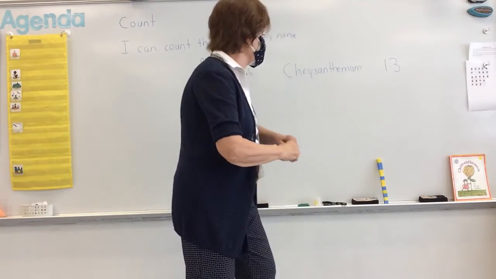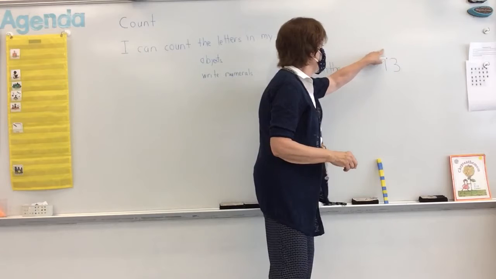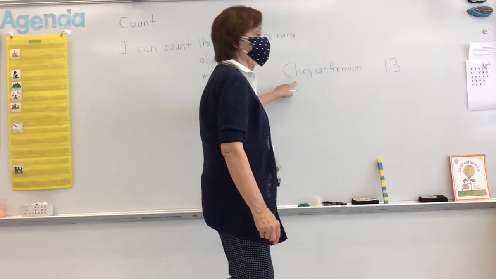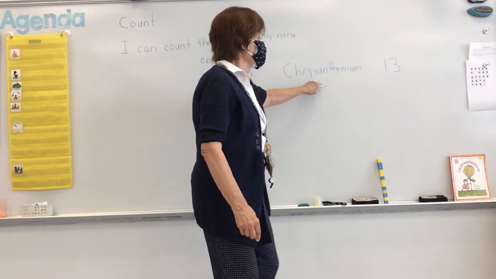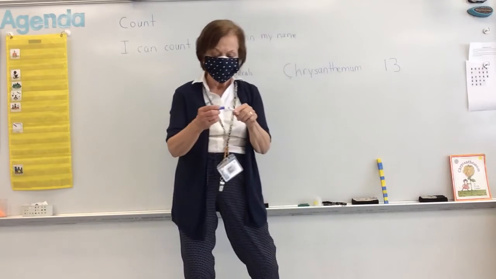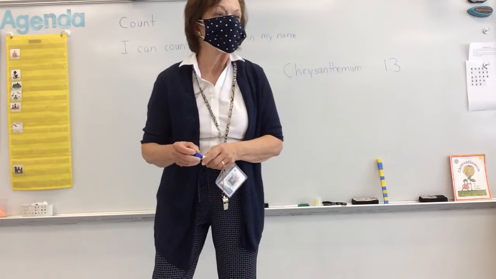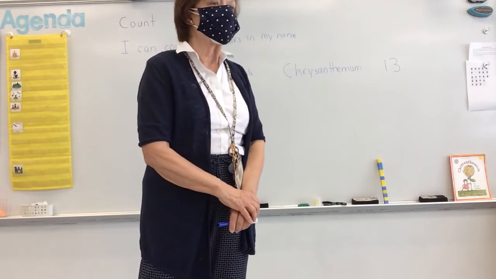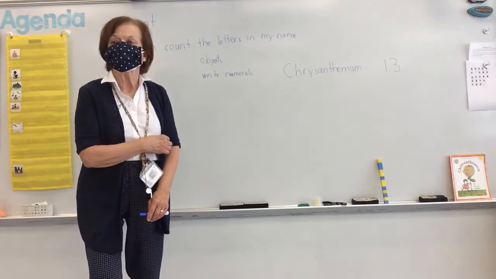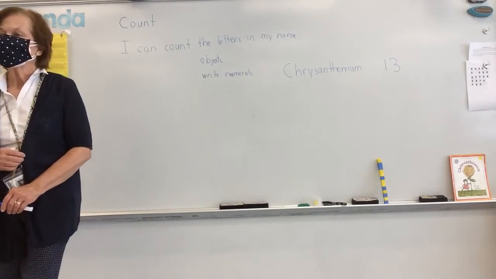The numeral is what you write to show the number. Chrysanthemum has 13, so I made a cube train of 13. Everybody got it? I'm looking around.